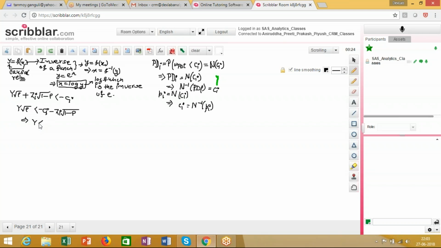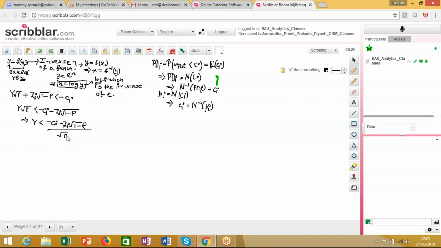There is y less than minus Ci minus Ci minus Zi root 1 minus rho by rho root rho.